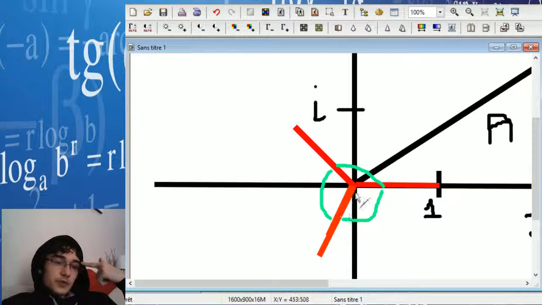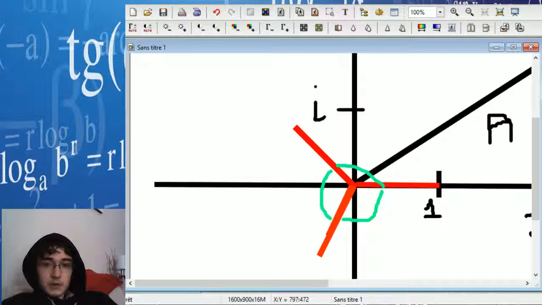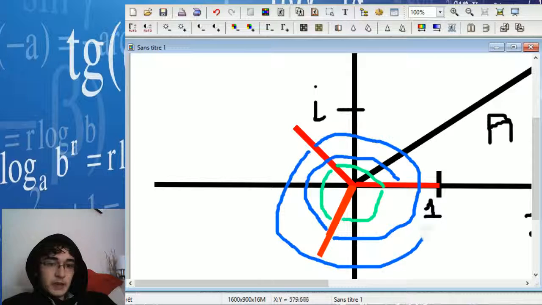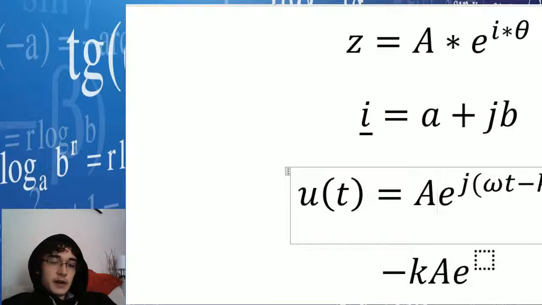So when the module is 1, no problem. And for the angle, you apply this angle, and you apply it again, so you'll come back here, and then you apply it a third time, and you come back to 1. So I just demonstrated that there are 3 solutions.